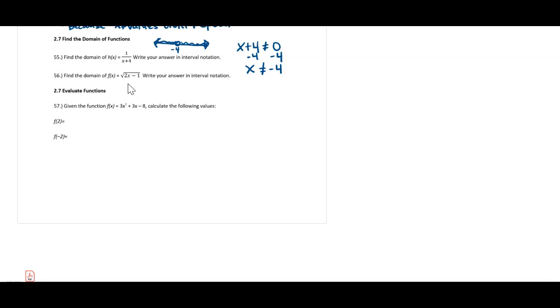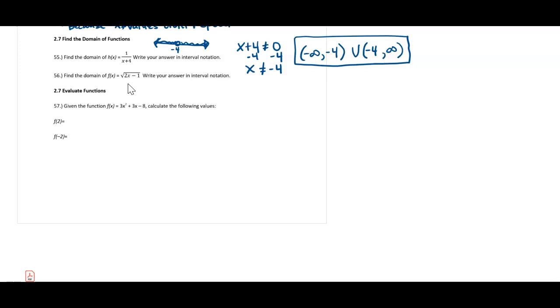So in interval notation, that would be -infinity to -4, not including -4, union, parenthesis, -4, because it doesn't include the -4, to positive infinity. So this is how we write that in interval notation. That says you can have any x, just not -4 in this case.